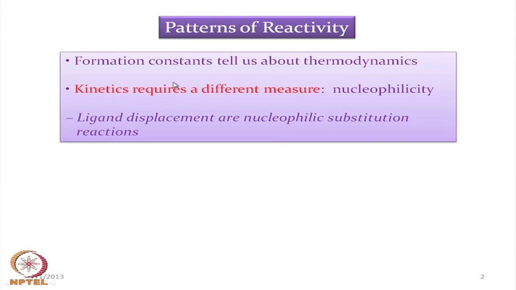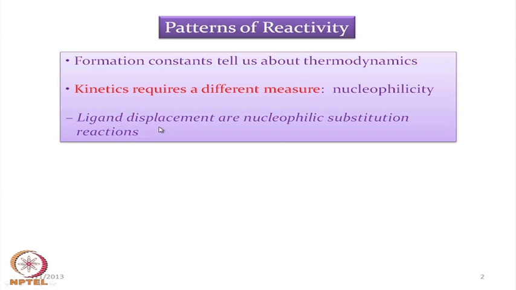But in case of the formation rate, the kinetics for this particular reaction requires different measures, where we consider the nucleophilicity, how the ligand looks at the metal center, which is the corresponding nucleophilic center. So, that is how we can consider the nucleophilicity for the kinetics of the reaction.